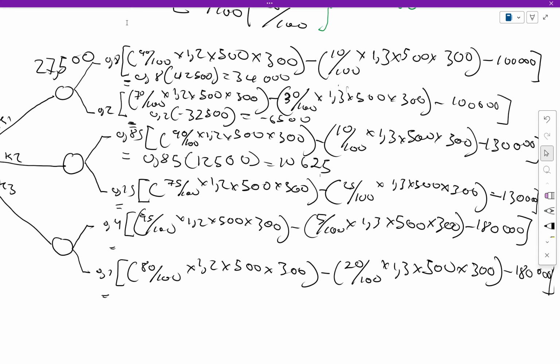Okay, so it's a small number. When you minus it from 130, now we're getting a negative value of 43,750. So it's going to be 0.15 multiplied by negative 43750, 43750 multiplied by 0.15.